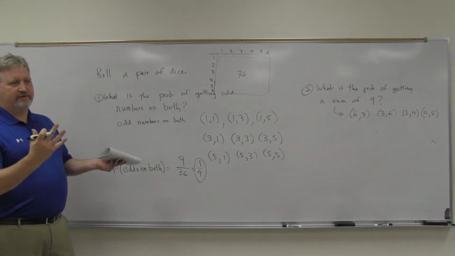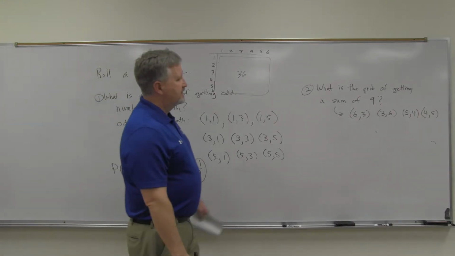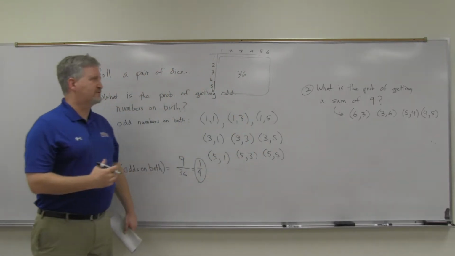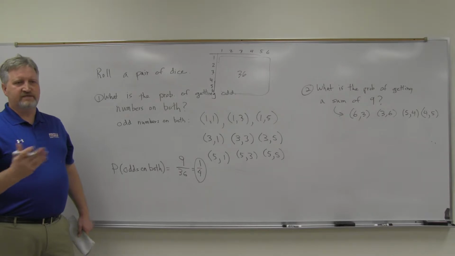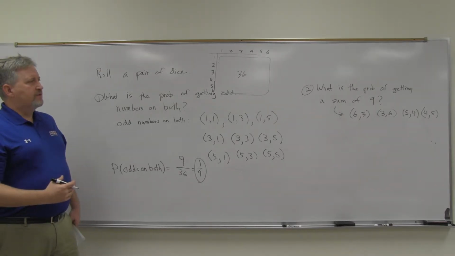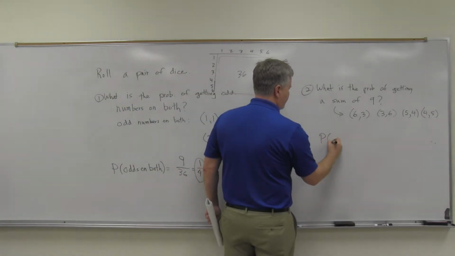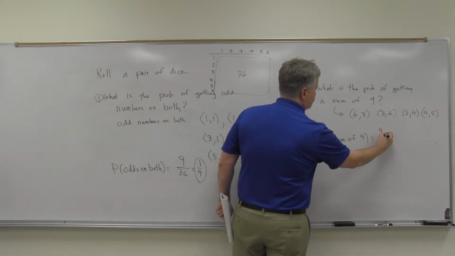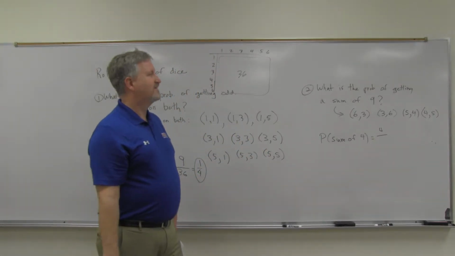We don't have 7s and 8s. We're just talking about a regular pair of dice. 6 is the top number we can get. Now, sometimes on this it gets a little confusing, because the top sum we can have is a sum of 12, right? 6 and 6. Well, that really doesn't play any kind of factor here. The probability that we get a sum of 9, we've got 4 possibilities out of how many? 36 still.